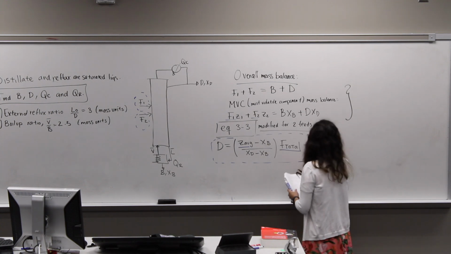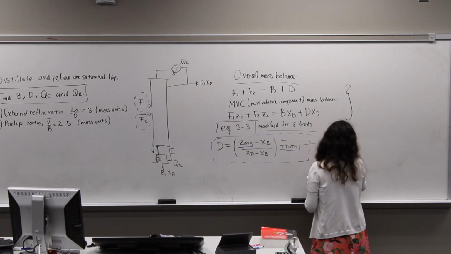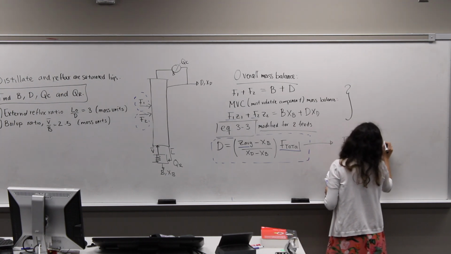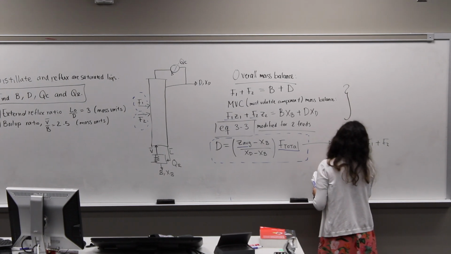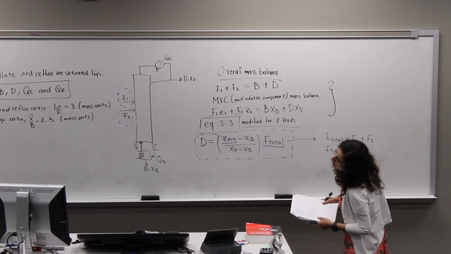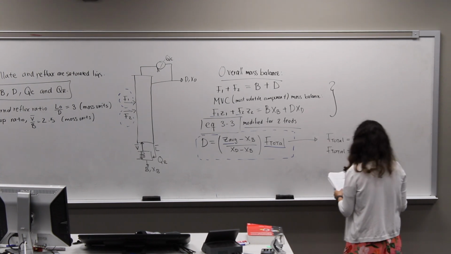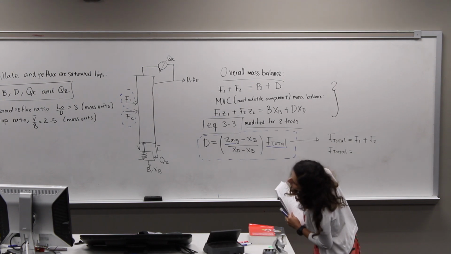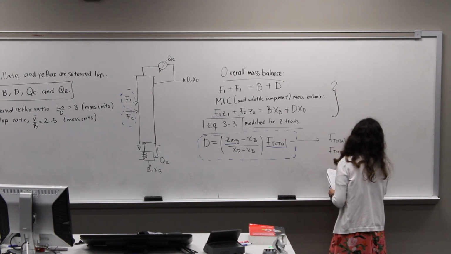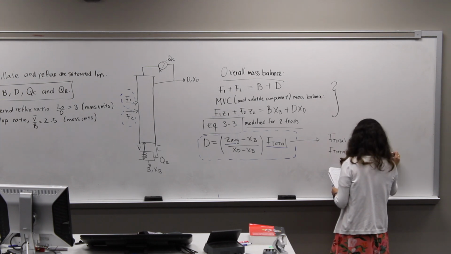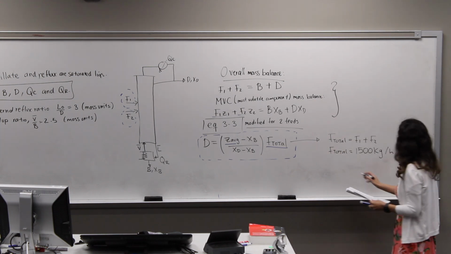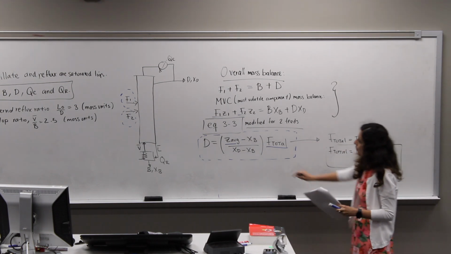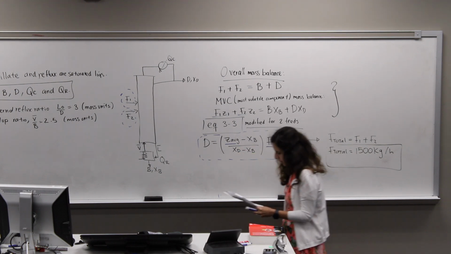Where F total is going to be what? Yes, F1 plus F2. So F total is 1000 plus 500. So at this point then we can calculate the C average.